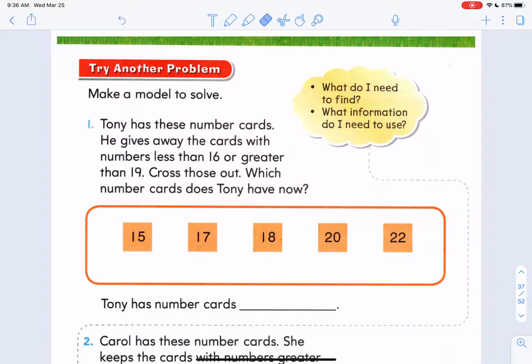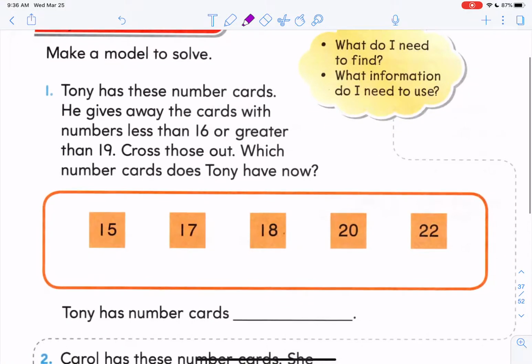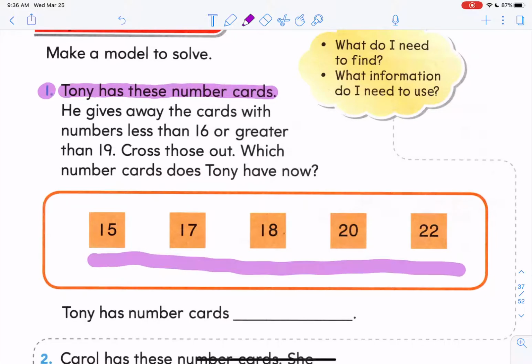So on page 418, let me just get my highlighter here. The problem at the top, this is problem number 1. I'll read you this problem. It says, Tony has these number cards. So he's got these down here.